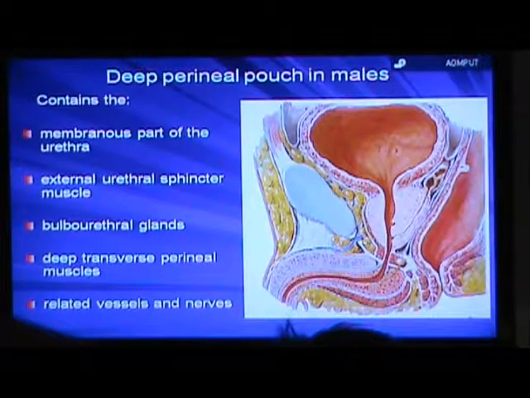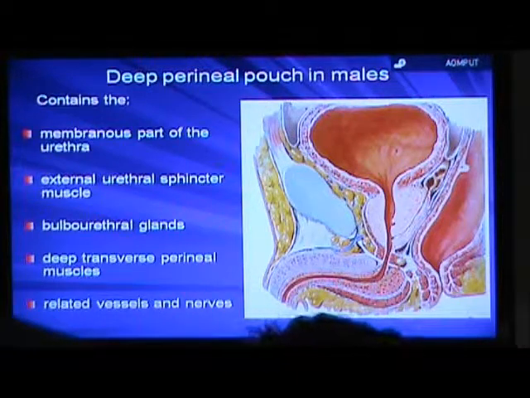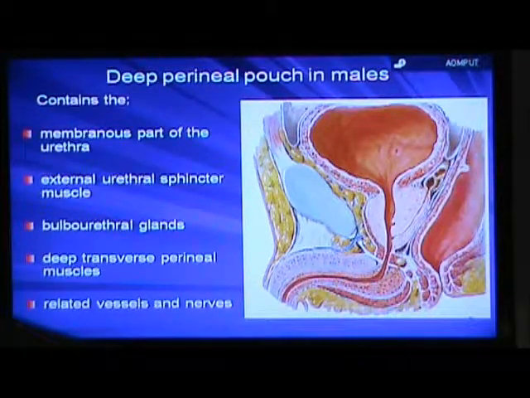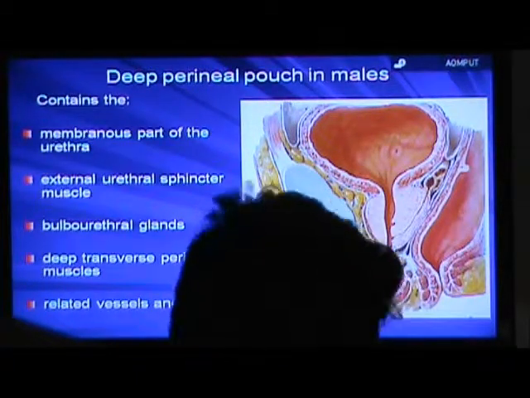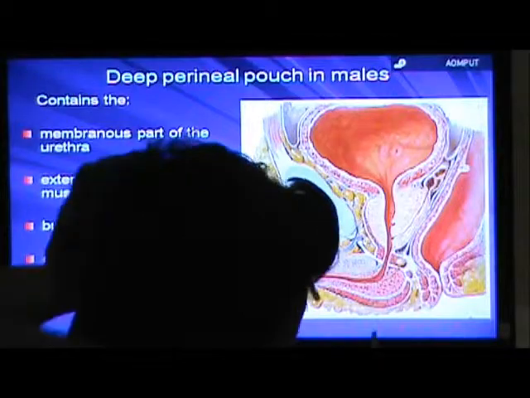So look, if you find a pin, it's easier to put a pin in male than in female, because in female through this diaphragm passes not only the urethra but also the vagina. So it's extremely difficult to put a pin.